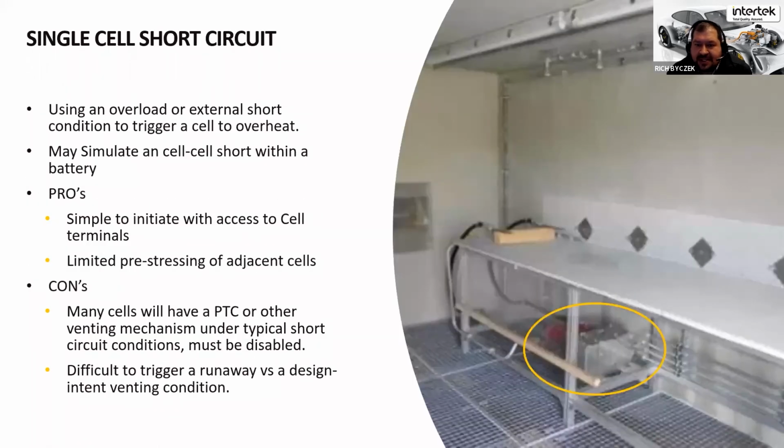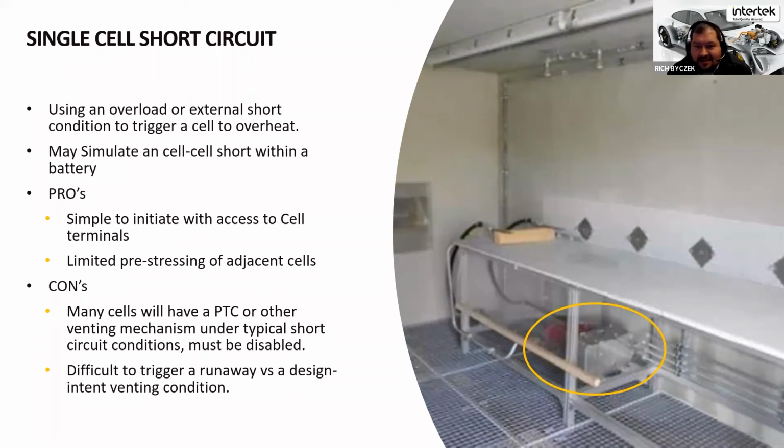Short circuit has a very similar pro and con. It's somewhat easy to implement in a lab environment. You're not pre-stressing the adjacent cells. If you're able to wire directly to that cell, you're just going to cause that cell to go into a high current mode. Often, many of the cells have short circuit protection built in so that you can't actually trigger a thermal runaway this way.